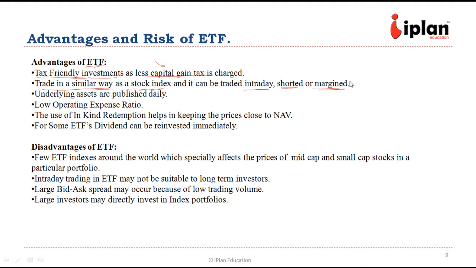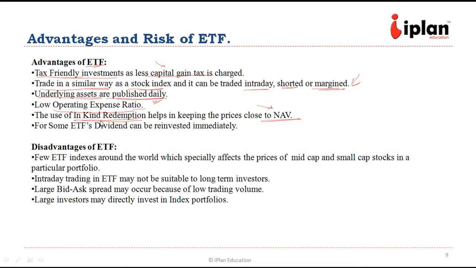So these are the advantages over open-ended funds, which cannot be traded intraday. Then the underlying assets are published daily. If there is any change, that can be noticed immediately. The operating expense ratio is lower in the case of ETFs, and since in-kind redemption is used, that helps in keeping the price close to NAV.